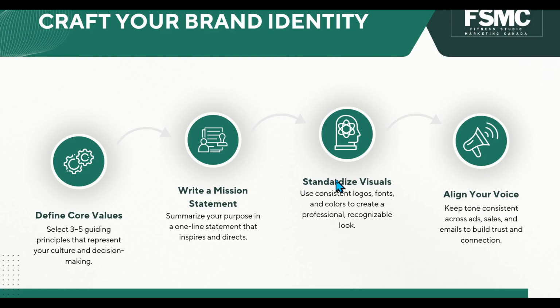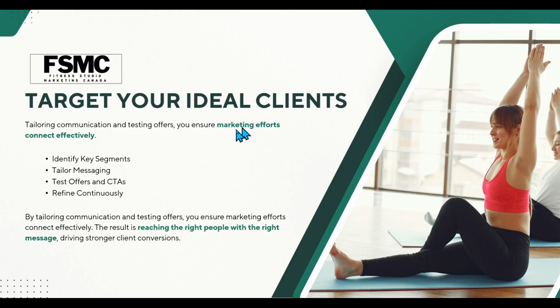You have to put that into your website and social media, and align all your voice and visuals to show your core values and mission statement, because they have to be aligned. By doing all of this, you attract more people of the same mentality, which brings you your ideal client.